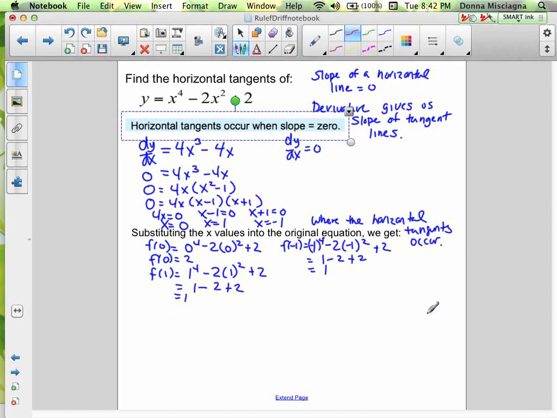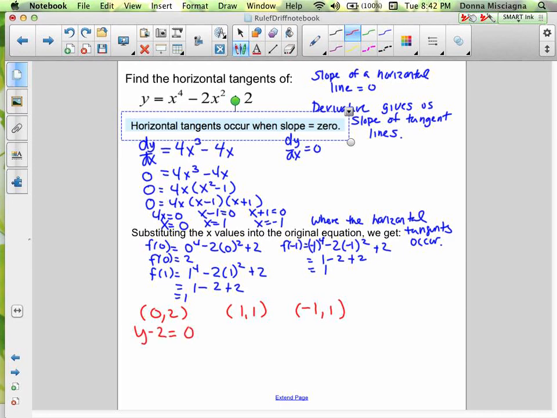We wanted to find the horizontal tangents. We found where they occur. So we have a horizontal tangent at (0, 2), at (1, 1), and at (negative 1, 1). If we wanted to write the equations, we'd have y minus 2 equals, what's our slope?